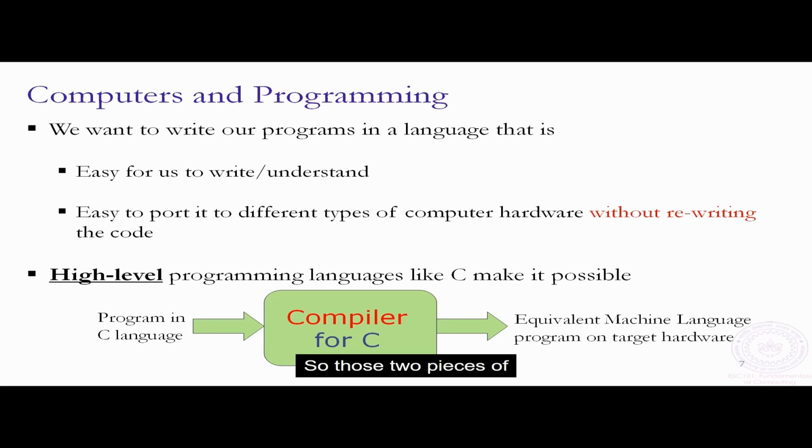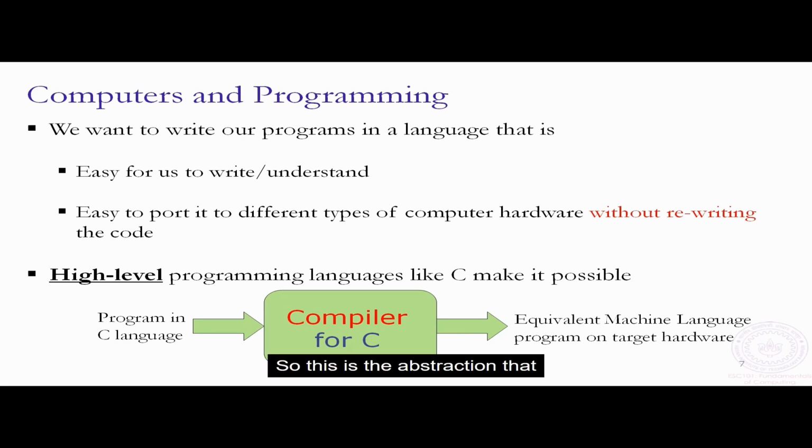So those two pieces of code that I showed you right before these slides would both be automatically written by the compiler if you give the compiler a correctly written program in the C language.